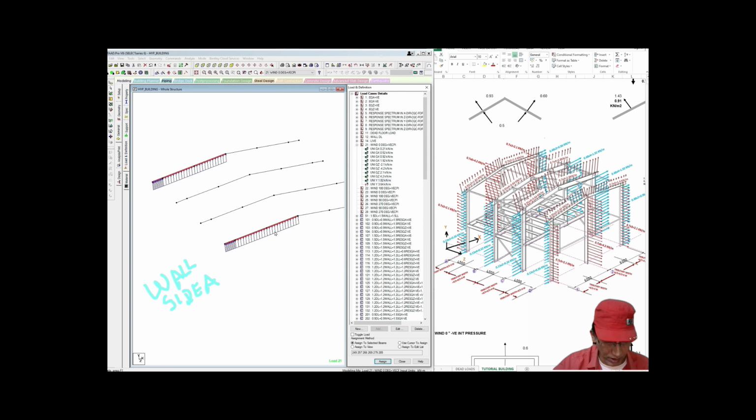Okay, assign. Now see, these wind load directions are perpendicular to these rafters.